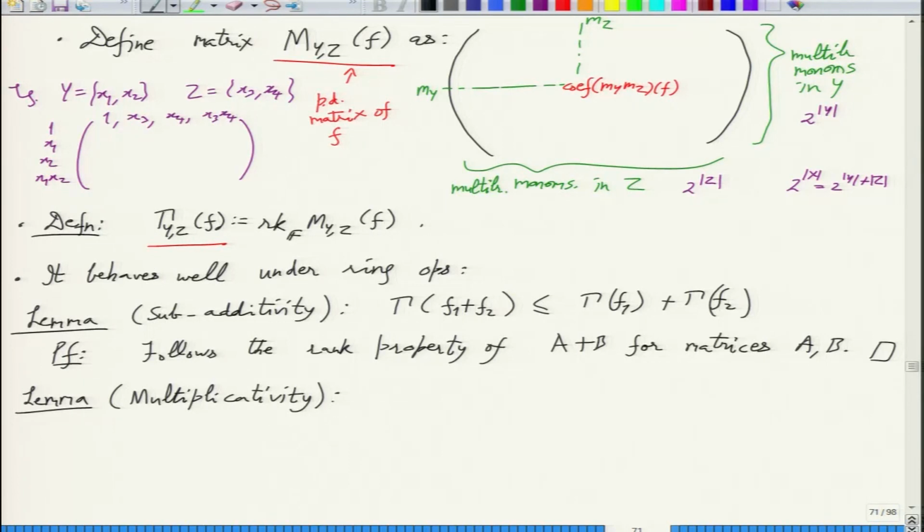Since f1 and f2 have disjoint variables, you can think of each of these variable sets having their own partitions. So there are actually 4 variable sets. In those terms we will write gamma Y Z of f1 f2, and there will be an equality.